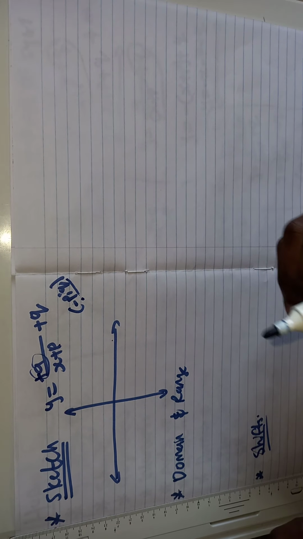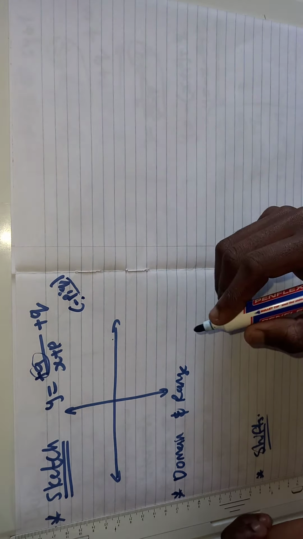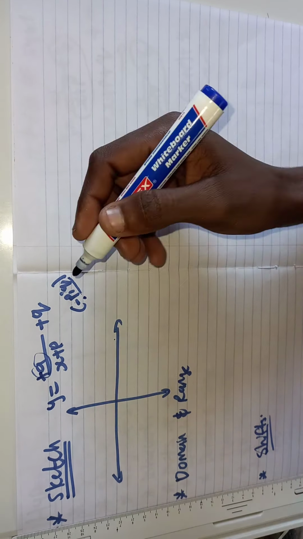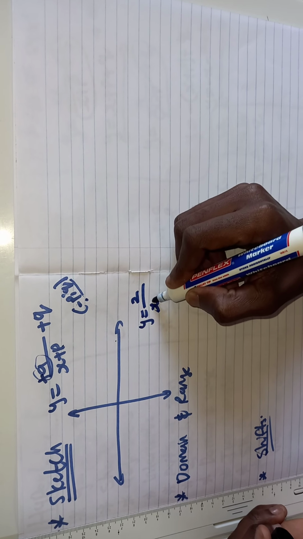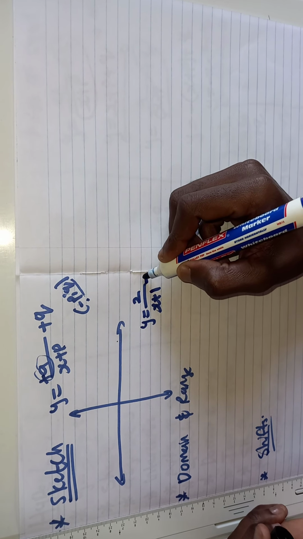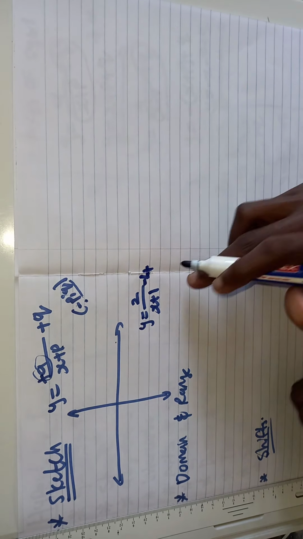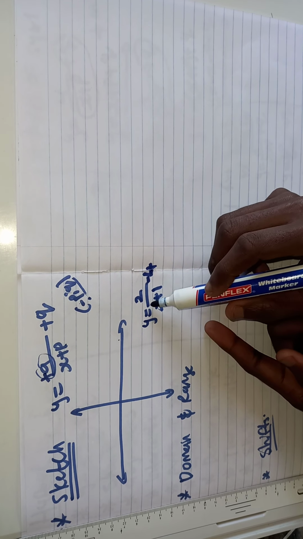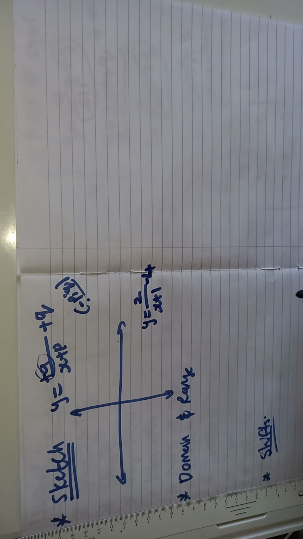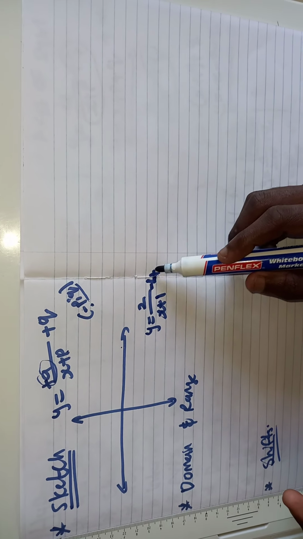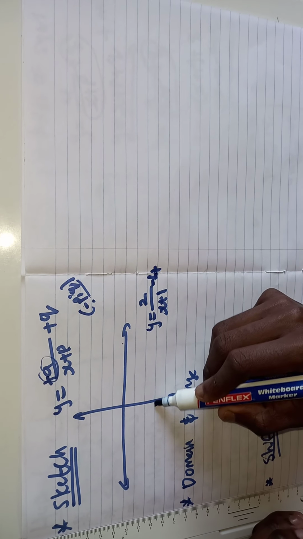How about I just create an equation so that I can show you, because now I can sketch it using p and q. Let me just write it: y equals 2 over x plus 1, minus 4. First of all, I'm going to sketch my y asymptote, which is negative 4.